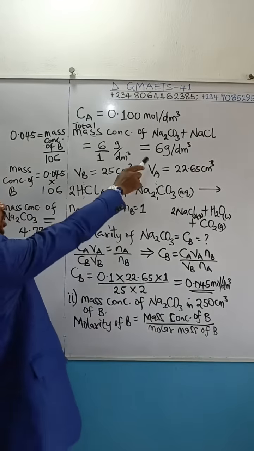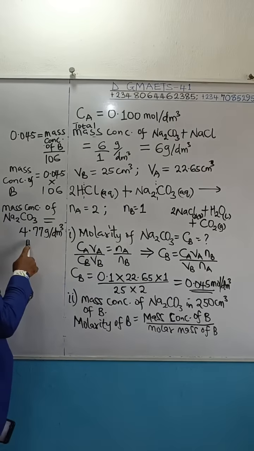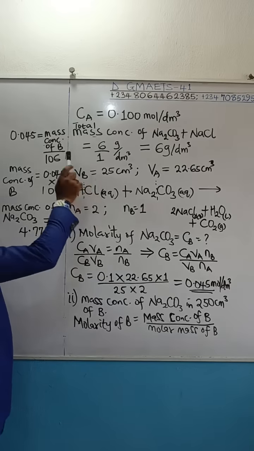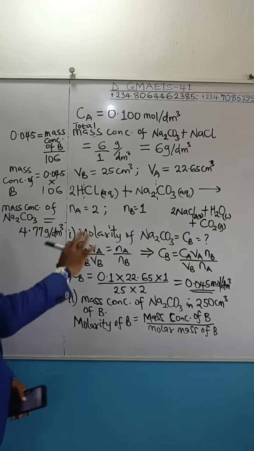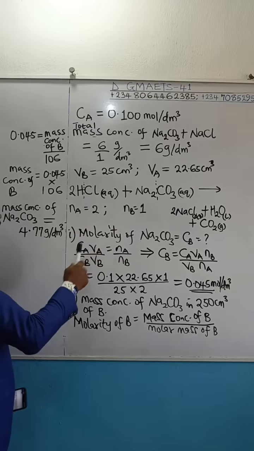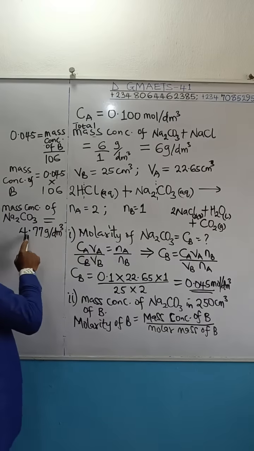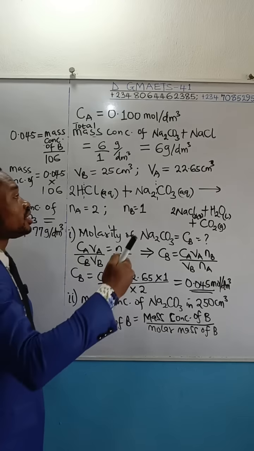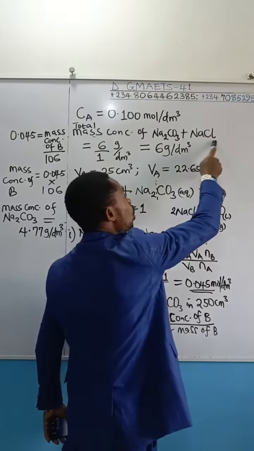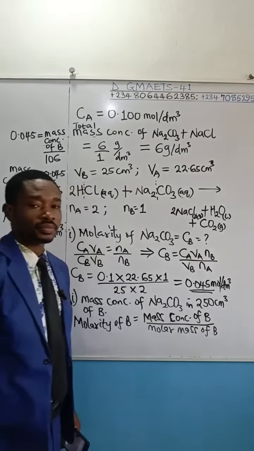It's just simply 6 minus 4.77. 6 is the total mass concentration of the impure solution, sodium carbonate and sodium chloride. Subtract this 4.77 from that 6. What you are going to get will now be the mass concentration of pure sodium chloride.